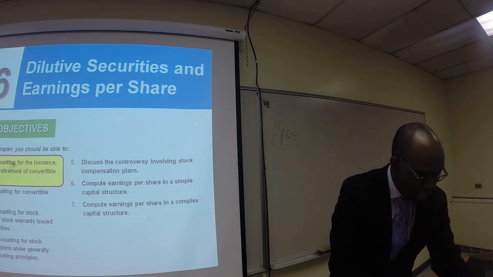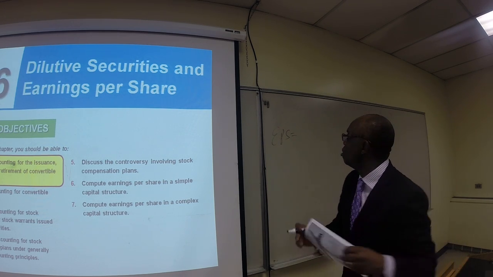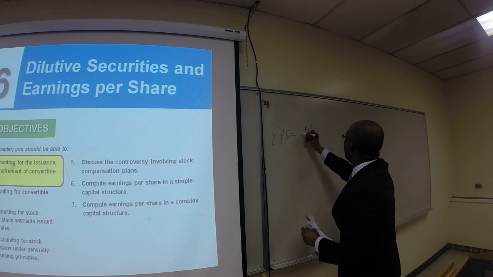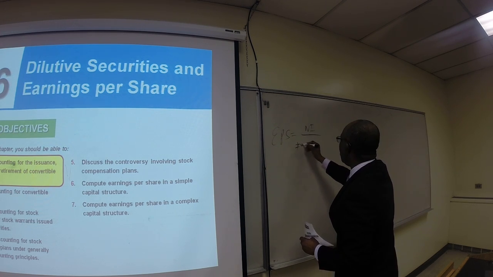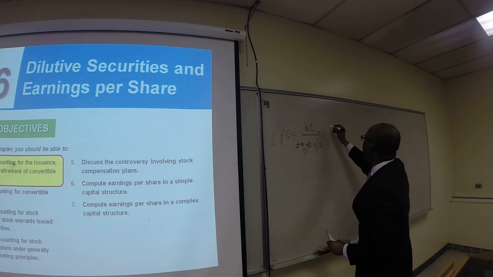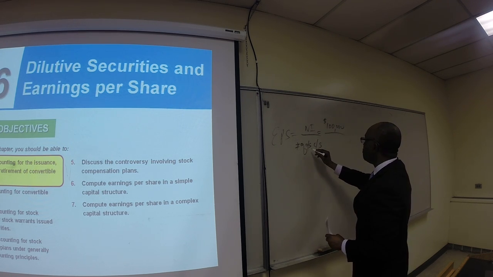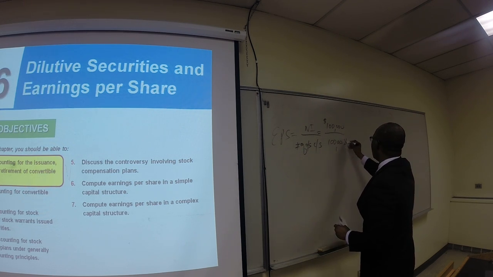We said that to compute EPS in its simplest form, it is net income divided by the number of outstanding common stock. So the net income here is $100,000, and the number of outstanding common stock is also 100,000 shares.